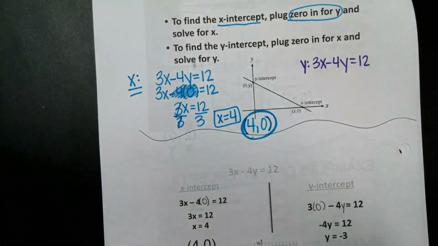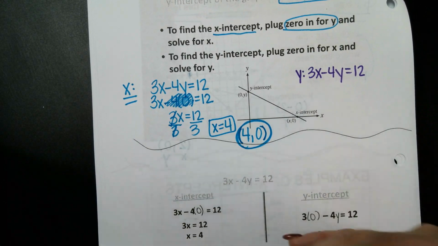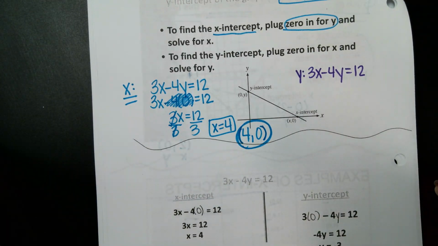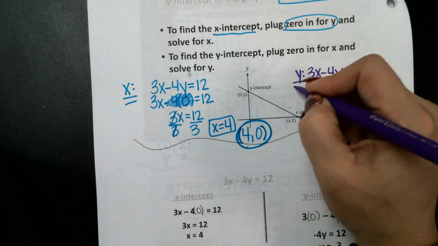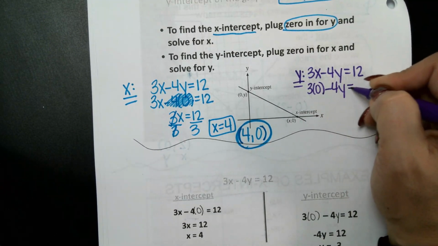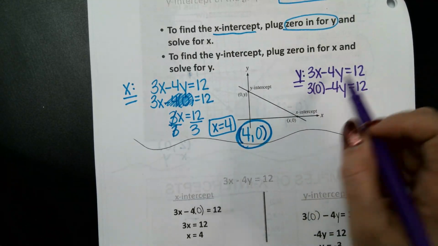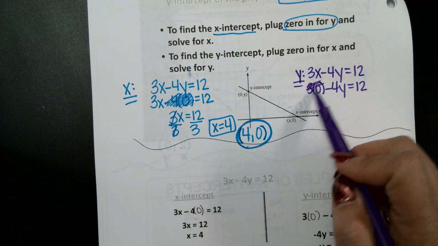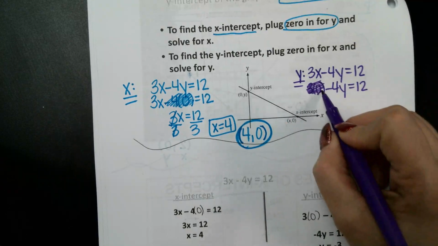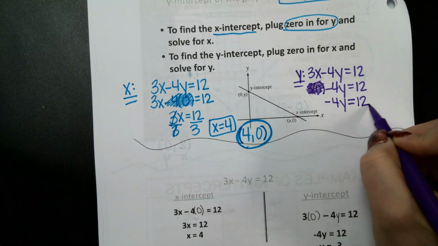Okay, so for your notes, I'm going to show you that I'm going to plug in a 0, but this time, where am I going to plug the 0 in? For the x. So I would do 3 times 0 minus 4y equals 12. And then what happens right here out front? Yeah, this just kind of disappears. And we have negative 4y equals 12.